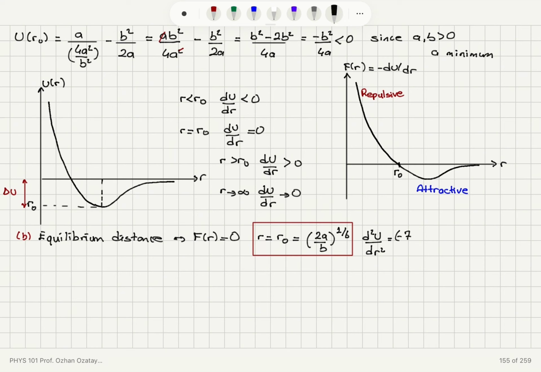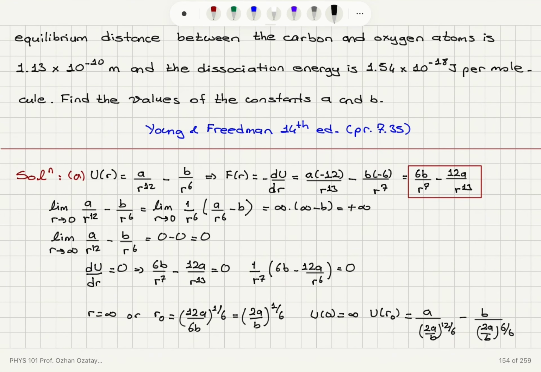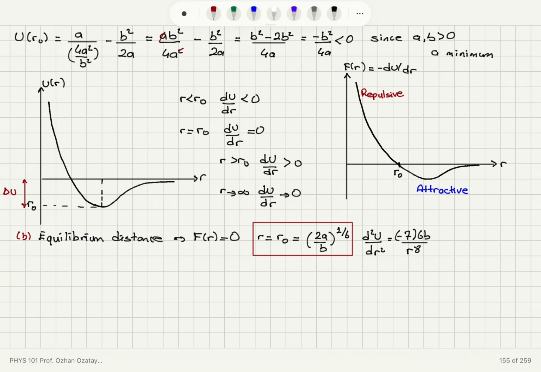And from this term, I will obtain minus 13 times minus 12 divided by r to the 14.